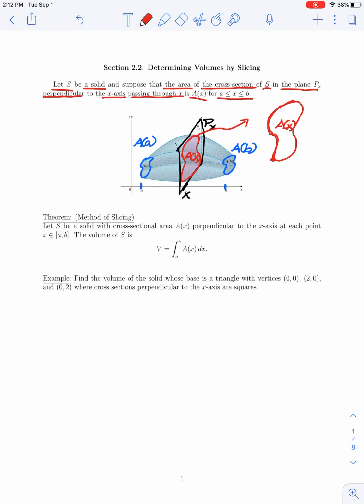And the width of that cylinder, I'm going to denote as dx, or a differential of x, a very small increment in the x interval.